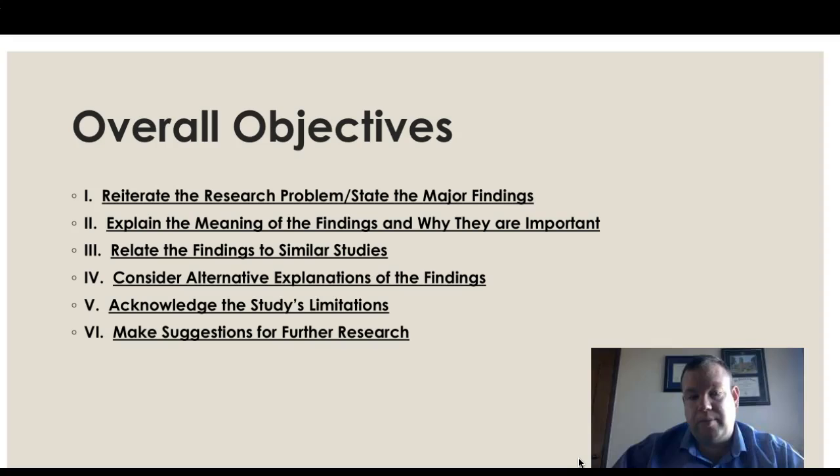Then you'll relate the findings to previous research, to similar studies. Consider alternative explanations to the findings. Going deeper, you want to acknowledge the study's limitations and then possibly make recommendations for future research. You can make each of these its own heading if you prefer.